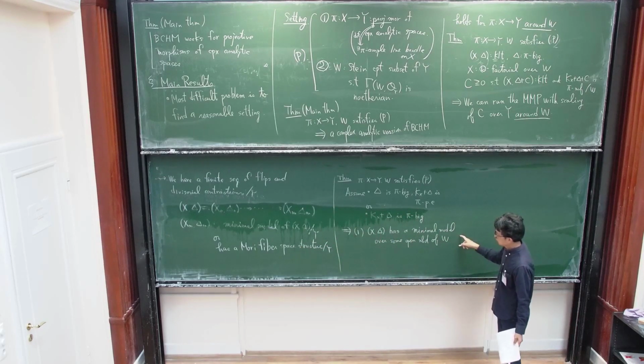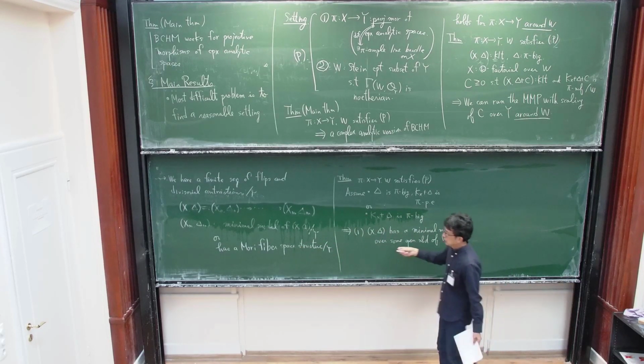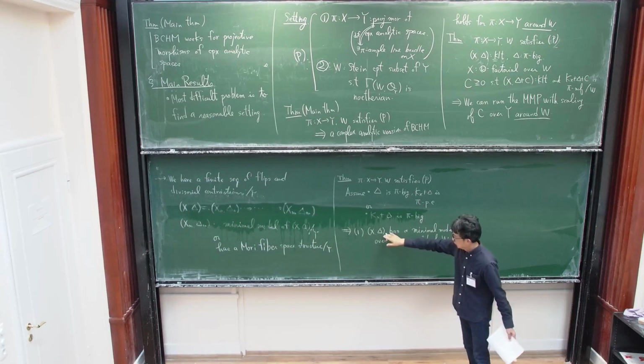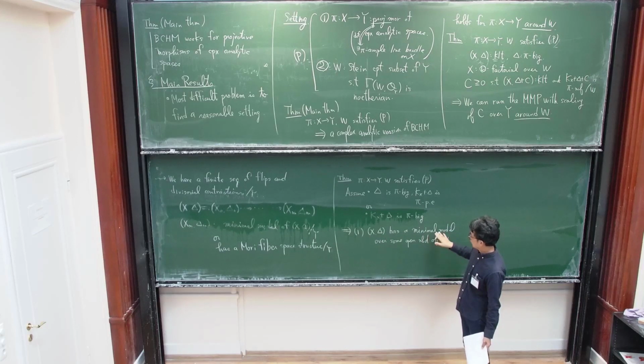But in each step you have to shrink Y. So (X, Δ) has a minimal model only over some open neighborhood of W.